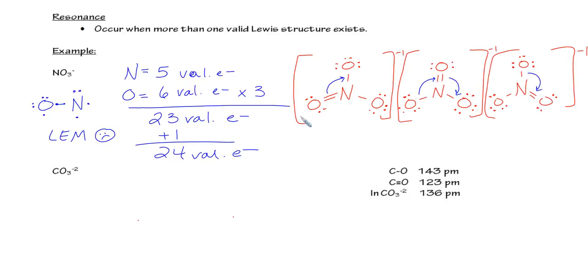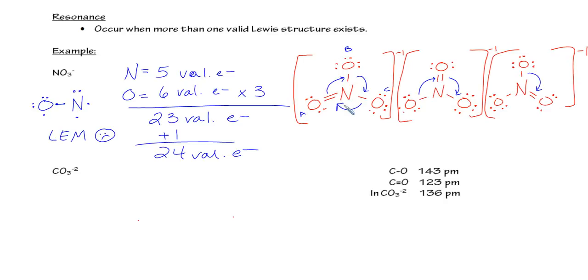So if we said this was oxygen A, oxygen B, oxygen C, at any moment in time, if I took a snapshot of this molecule, I could find the extra electron pair on any of those three oxygen atoms. It resonates. It's like those extra electrons can move.